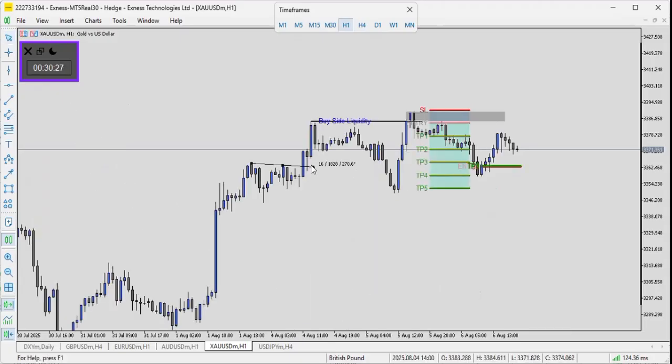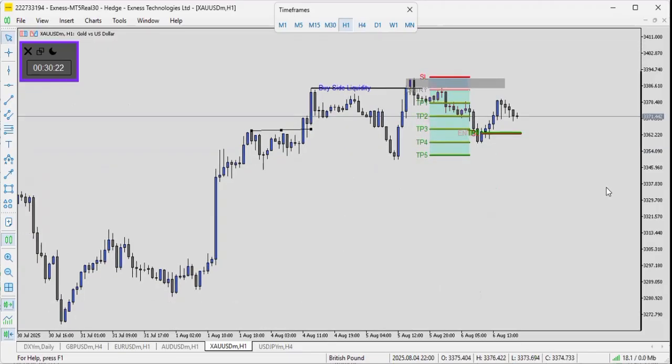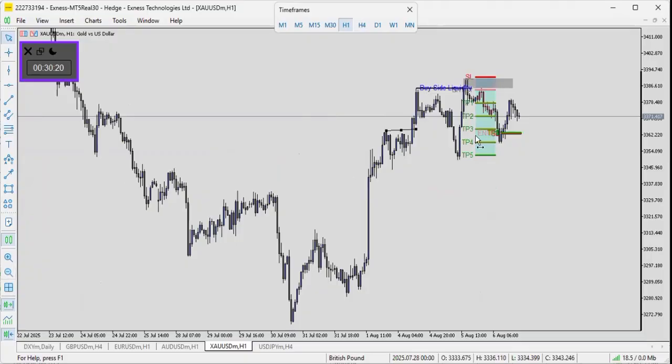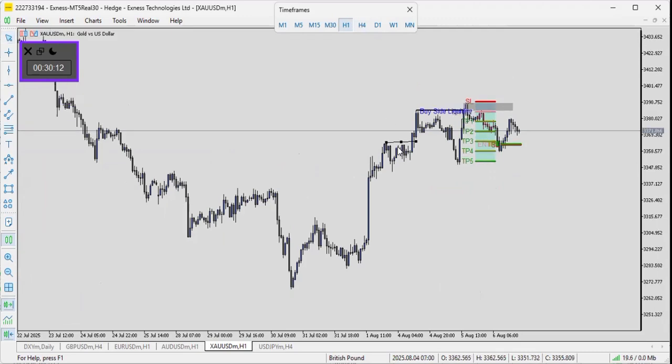Now you find out that this trend began somewhere here. Oh, sorry, just a moment. Okay. The trend began somewhere here. This upward trend began from here.